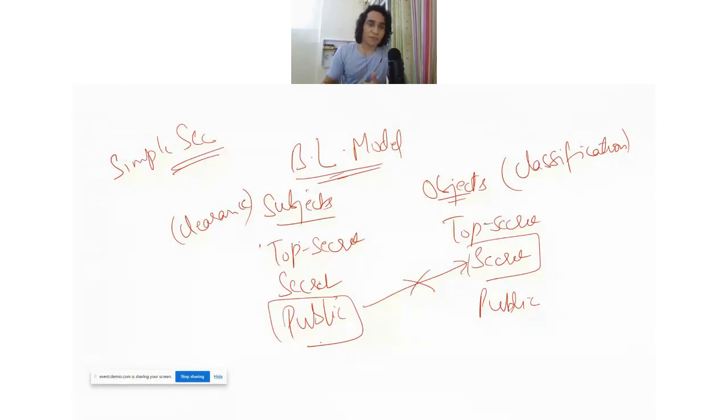So that is the first rule, the simple security rule. The second rule is the star security rule. The star security rule says that a subject with a certain security level cannot write to an object of a lower classification level. Let's say there is a subject with a secret clearance.